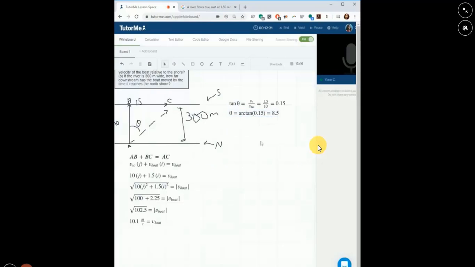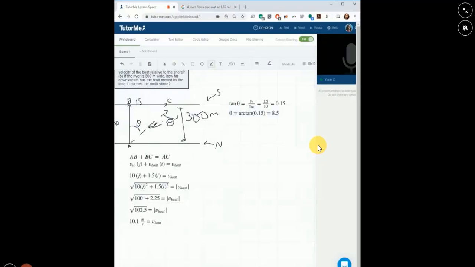Now using that, we know our theta, and we know that it's 300 meters across. So we can do this many different ways. One of them is this theta equals that theta.